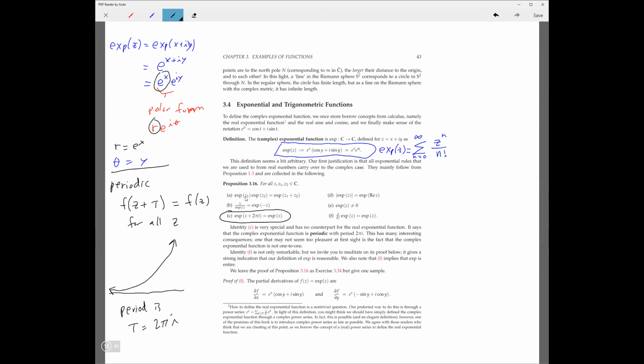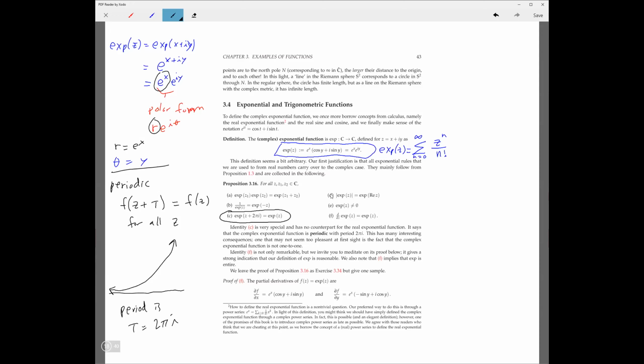Also, you have a lot of stuff that makes sense. The exponential function is never 0. The derivative of the exponential function is itself. That's interesting. And then you have this piece right here.